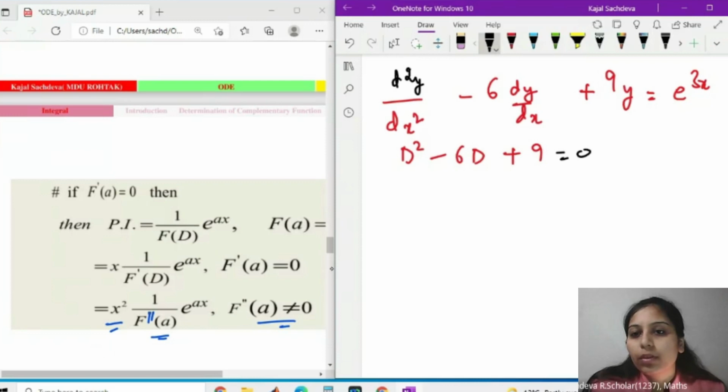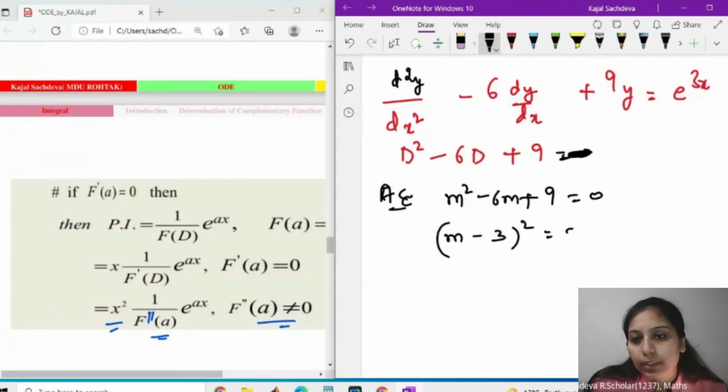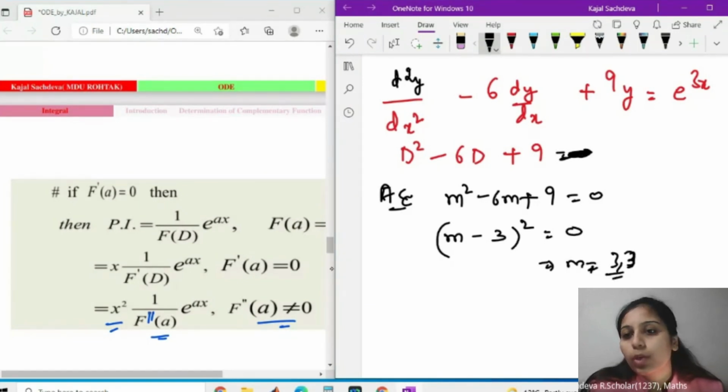The auxiliary equation is m² - 6m + 9 = 0, and here we have (m - 3)² = 0. So m is equal to 3 and 3. We have the roots as 3, 3, twice for this homogeneous part.